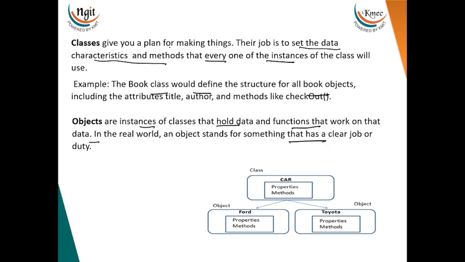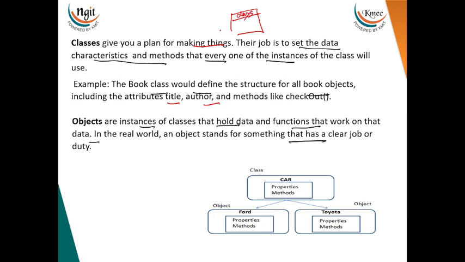The first part is class, which gives you a plan for making things. Its job is to set the characteristics and methods for every instance of the class. For example, if you have a class of books, we can have attributes such as title and author.